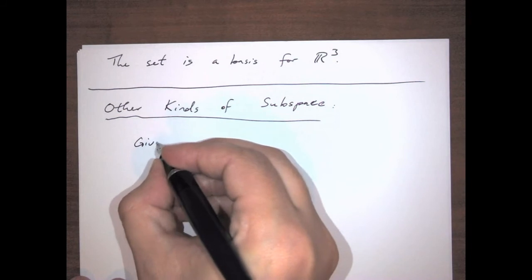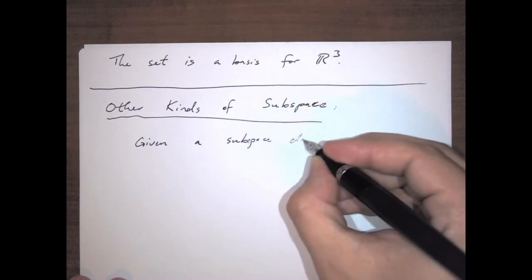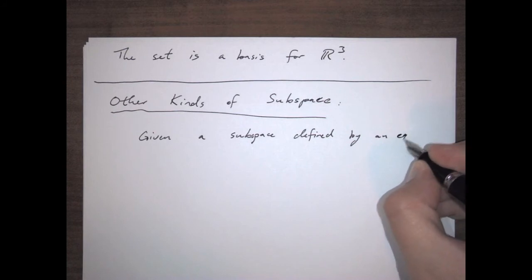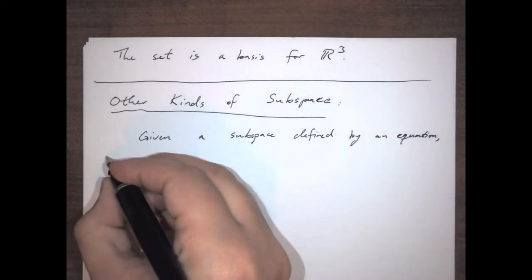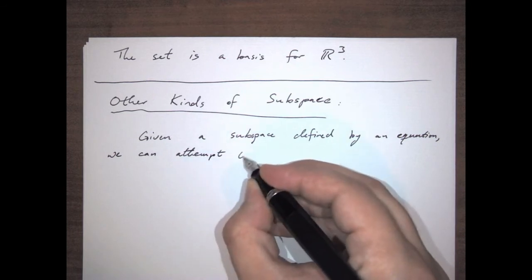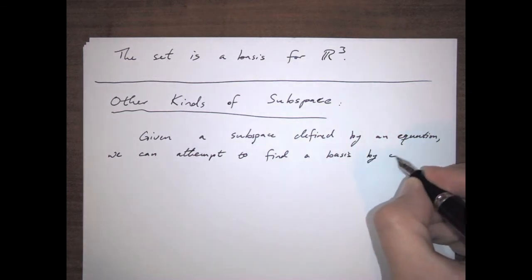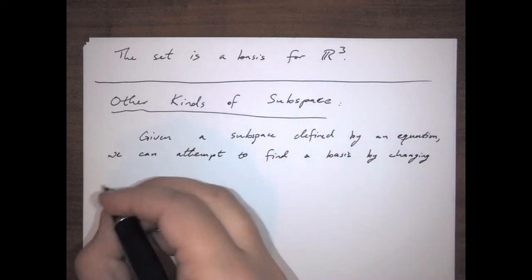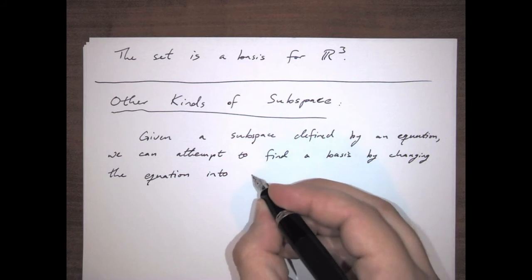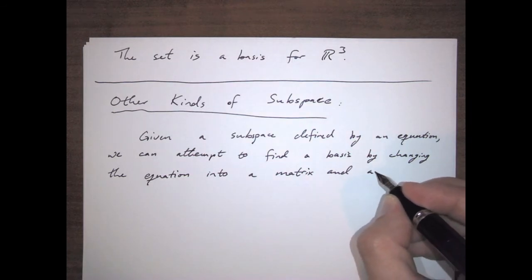Given a subspace defined by an equation, we can attempt to find a basis by changing the equation into a matrix and analyzing the null space.